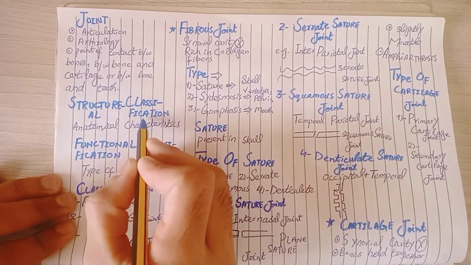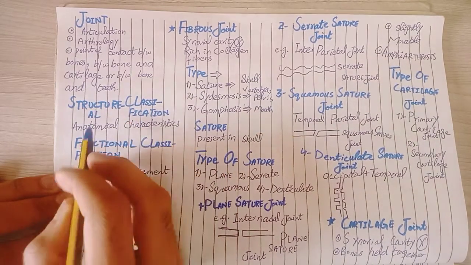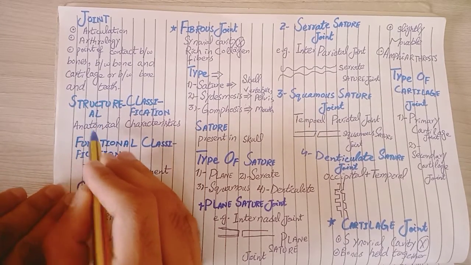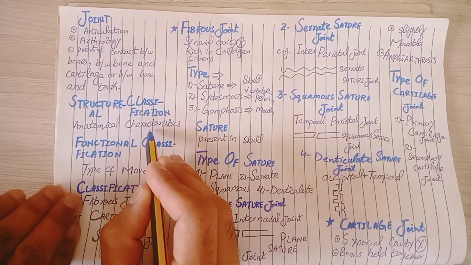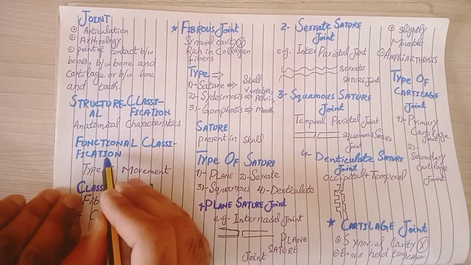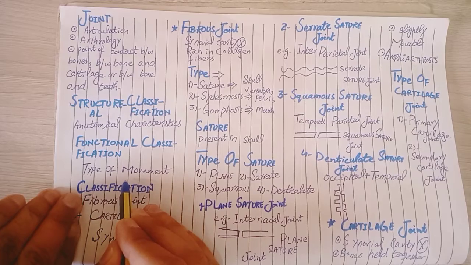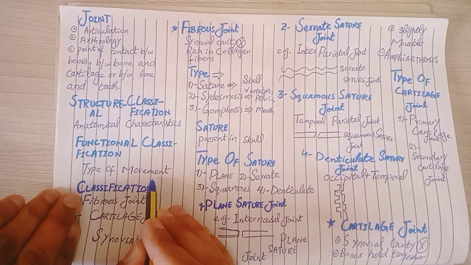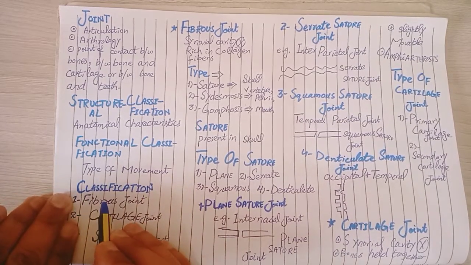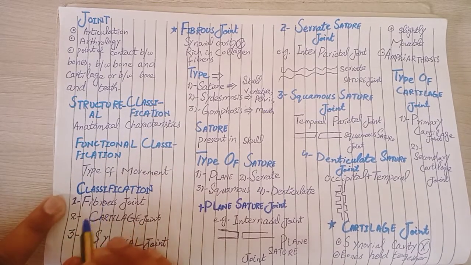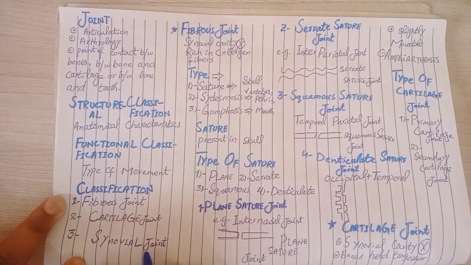Structural classification of joints is based on anatomical characteristics, but functional classification depends upon the type of movements of joints. There are three types of joints: fibrous joint, cartilage joint, and synovial joint.